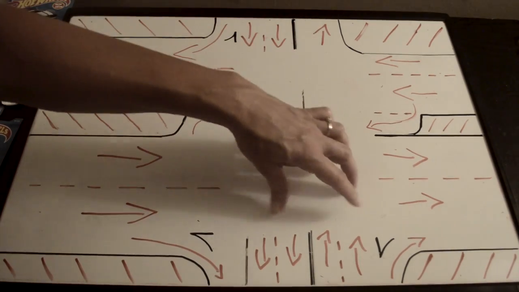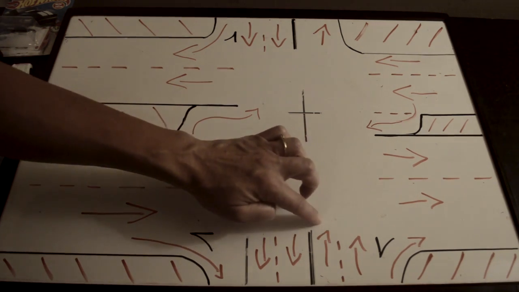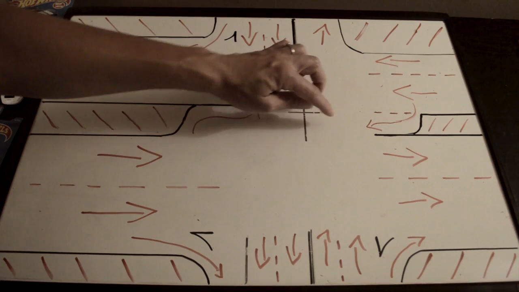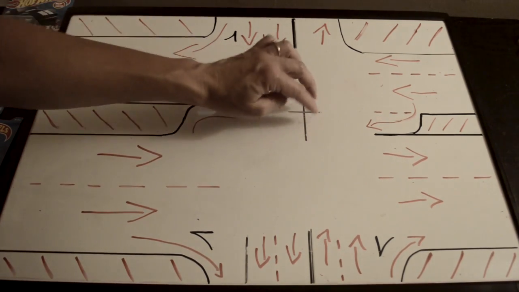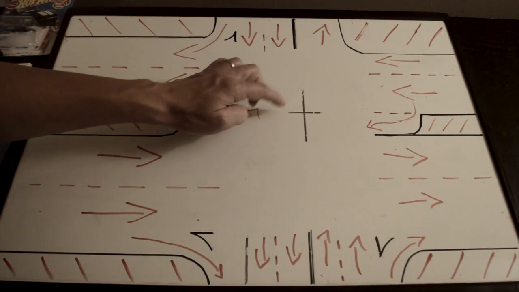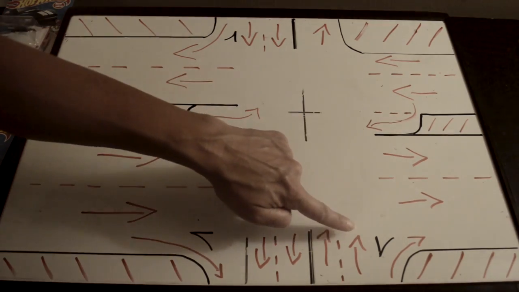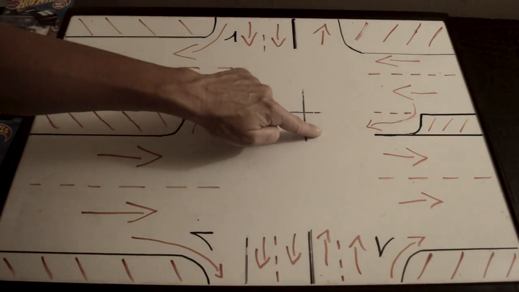Okay. So for this light, these people here, when this light turns green for them, it first has a green light and a green left turning arrow. So when this side has a green light, they can go straight. This lane can also go straight.